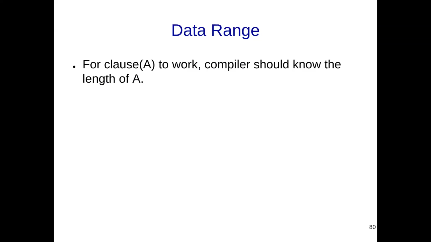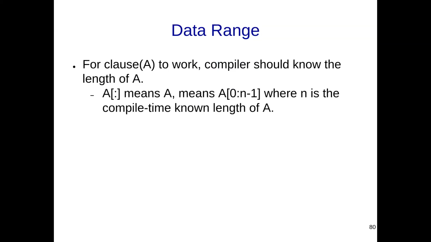So if you don't specify anything, so if you just say copy of A, then the compiler should know the length of A. That is not always possible, as we discussed. If it is a compile time constant, which was what was happening in our program, then it is okay.